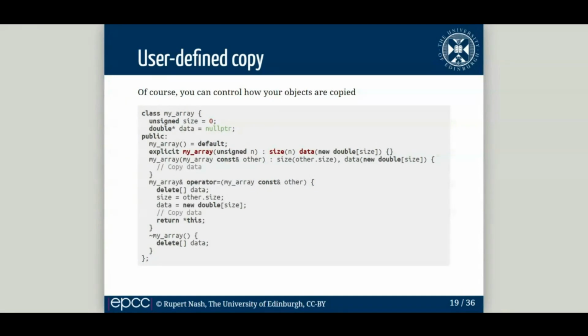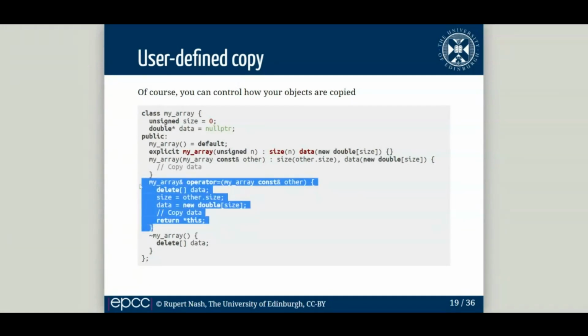I create a new vector or array with the size, and then I copy the data manually. You may think that, for instance, you can use a for loop to copy the data, but there is a more efficient way, which is using std::copy. So you copy the chunk of memory rather than copying the elements one by one.